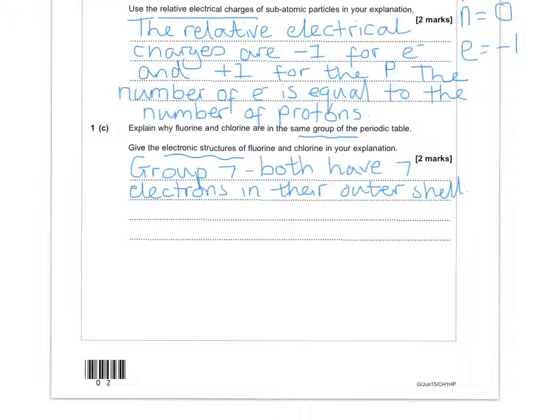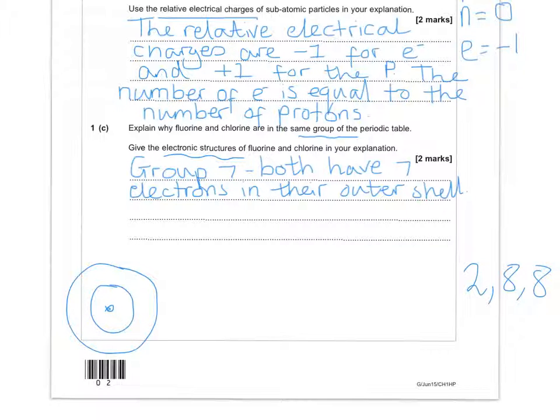The second mark comes from giving the electronic structures of fluorine and chlorine in your explanation. Now, for this mark, you can either write it in 2,8 formation, or you can draw the electron structure in shells. Both of these methods will give you 1 mark.